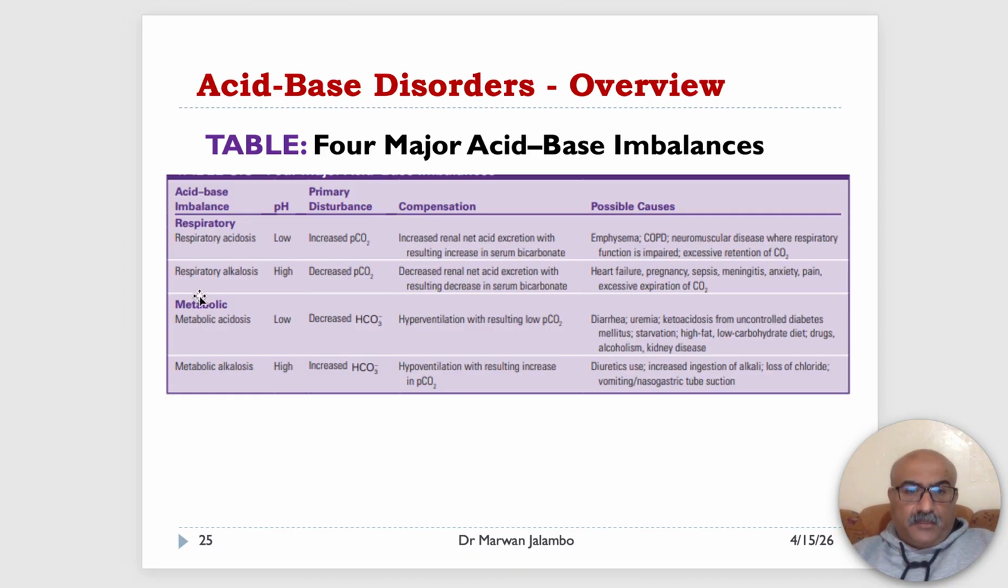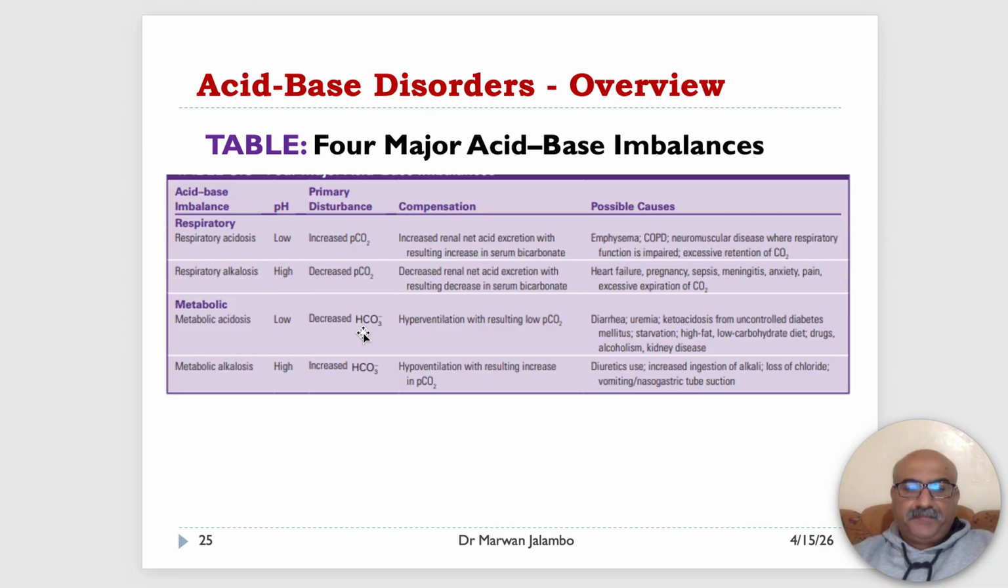Metabolic disorders involve primary disturbances in bicarbonate, or HCO3. The body then tries to correct the imbalances with an opposing action, which we call compensation.